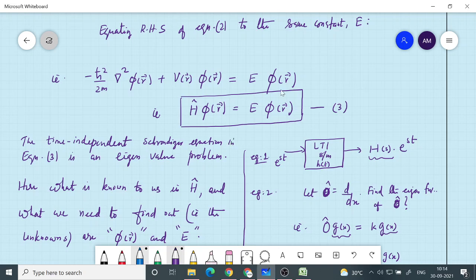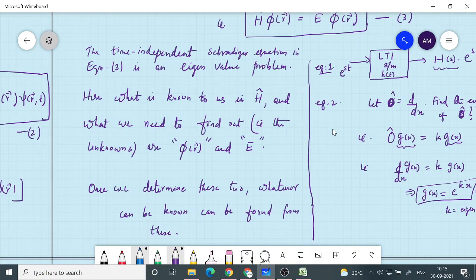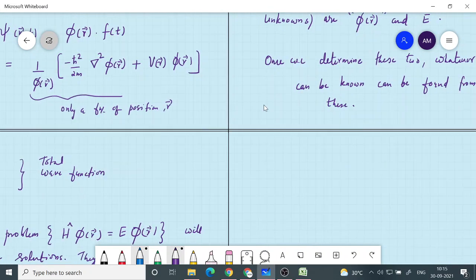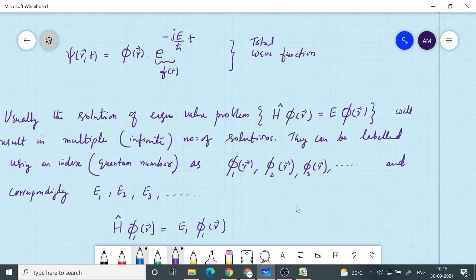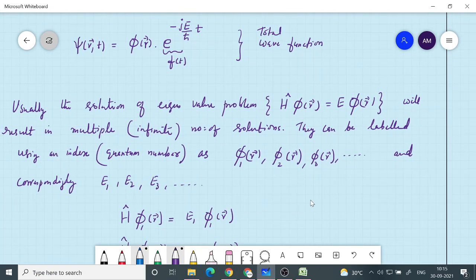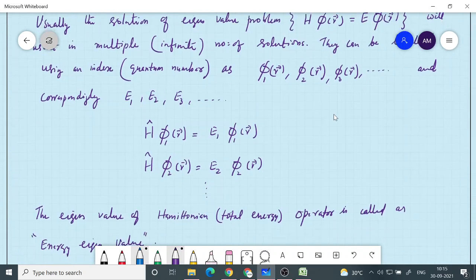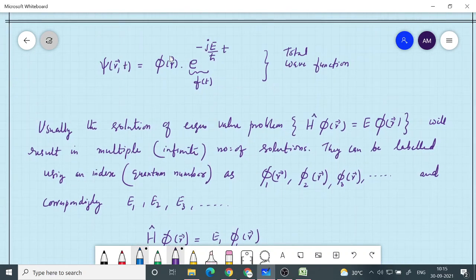We then looked at the eigenvalue problem, its examples and features. What is known to us is an operator. What is unknown is the eigenfunction and eigenvalue. By solving the eigenvalue problem, we will get both of these, and often there are multiple energies and multiple corresponding eigenfunctions which will satisfy it. Once we find that out, we can write the complete solution like this.